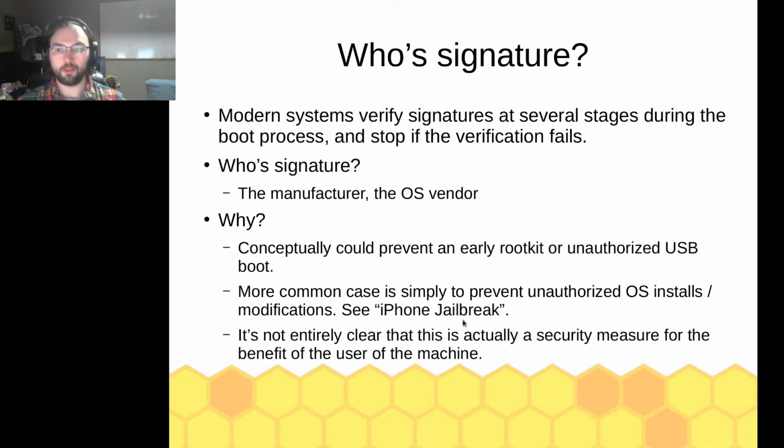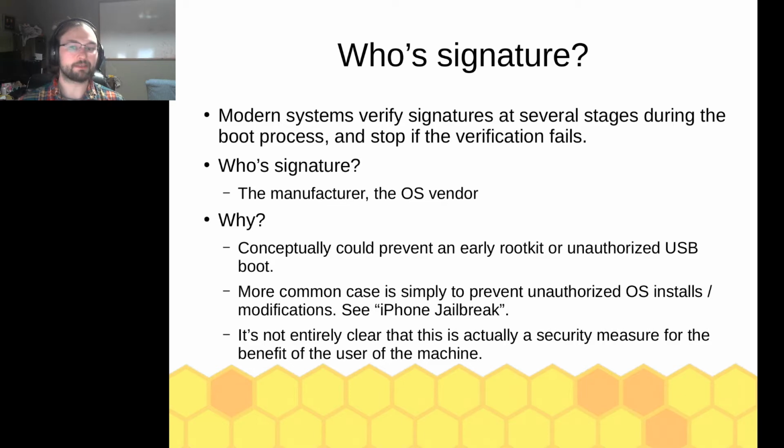And the whole idea of being able to jailbreak an iPhone is the idea of working around this manufacturer requirement that these particular phones can only run authorized operating systems from the manufacturer. And so although it's sort of a complicated topic, and it's not 100% clear that there's even a general answer for exactly what security properties this provides, in enterprise environments or with Chromebooks, there may be some cases where having a signature deciding what software can run on a machine that isn't controlled by the user who's sitting in front of the machine might actually have some security benefits.